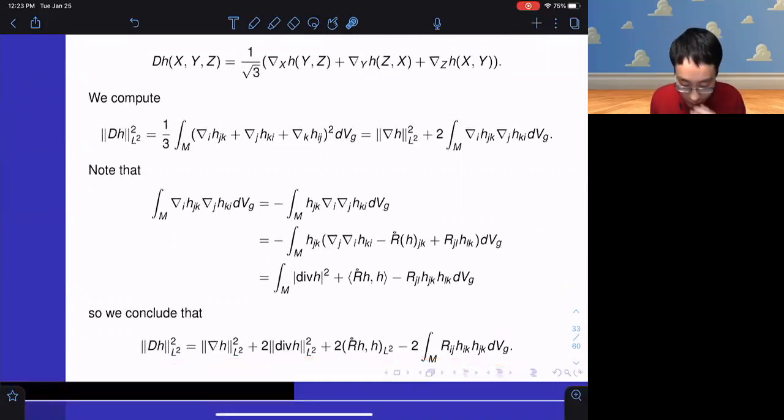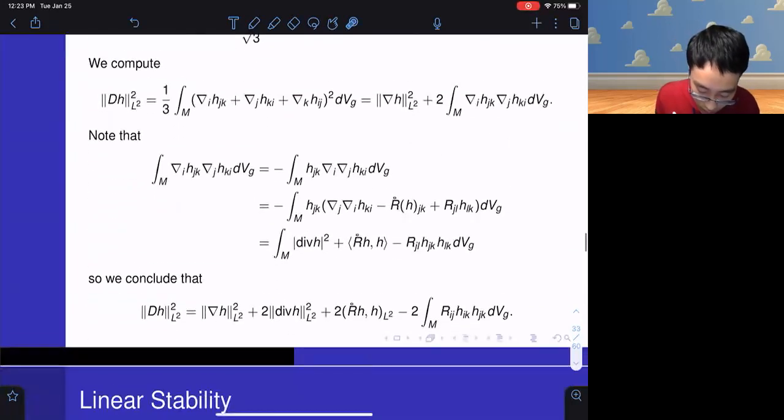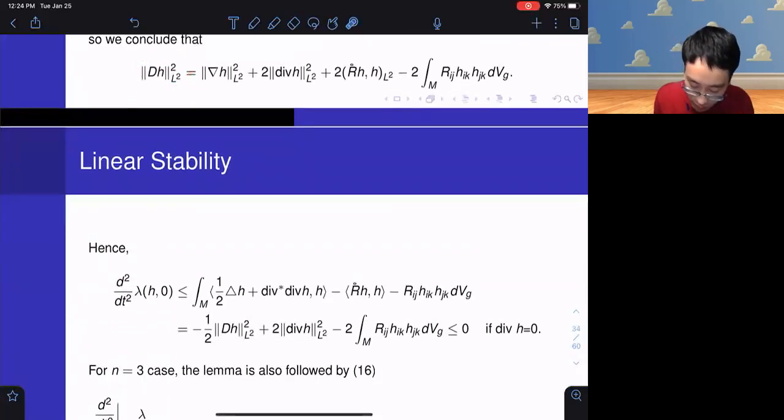Then we can change the |∇H|^2 term in terms of |dH|^2, so that we will have minus half |dH|^2 plus 2|divergence H|^2 minus 2 Ricci term.